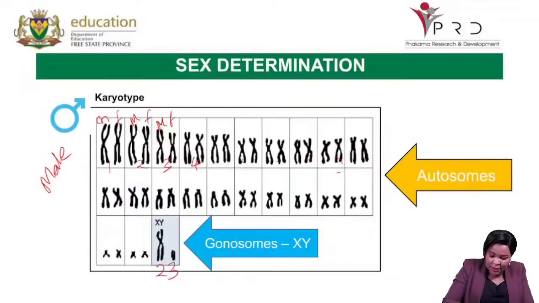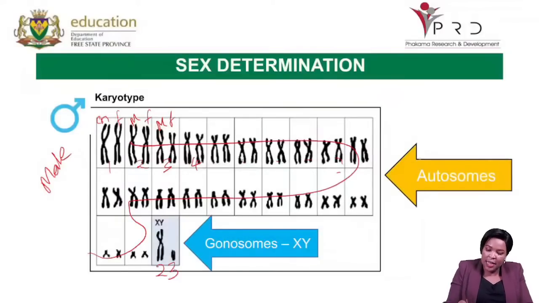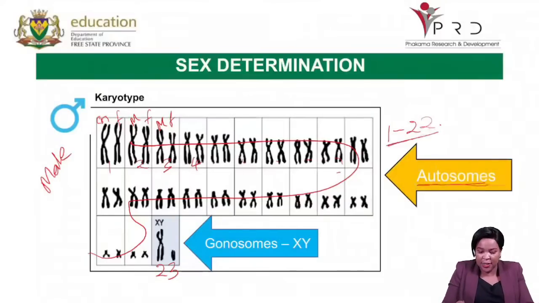So all of these chromosome sets are called autosomes. Autosomes are number 1 to 22. These are ordinary chromosomes that carry genetic material for different things.